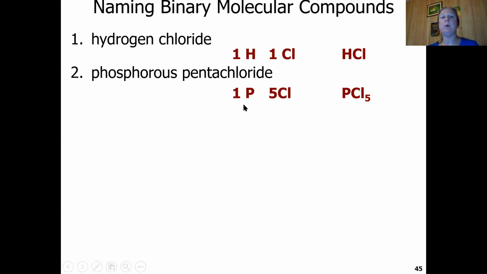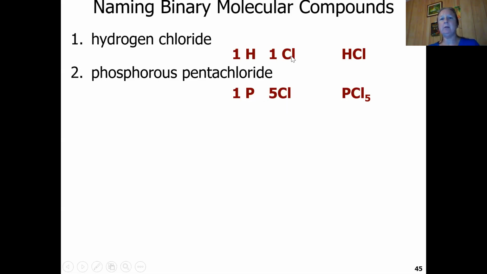So what gets written first? It's going to be the element farthest left on the periodic table. So if you have carbon and oxygen, you look on your periodic table, carbon is further left than oxygen. So you would write your carbon first and you would say your carbon first. If you only have one, it's simply the element, phosphorus, hydrogen.